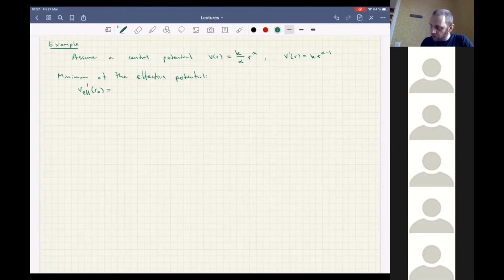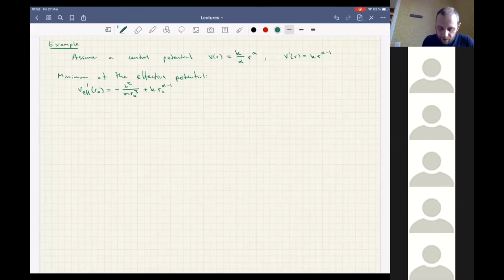What we're going to get is minus L squared divided by m R0 to the third, plus exactly what we wrote down before, K R0 to the alpha minus 1.